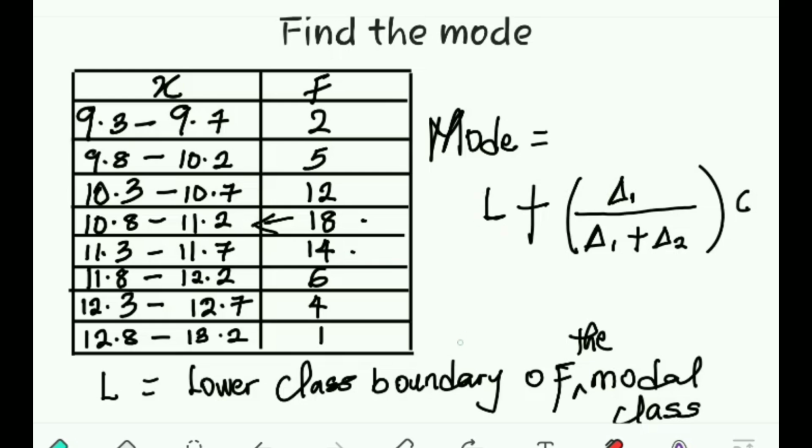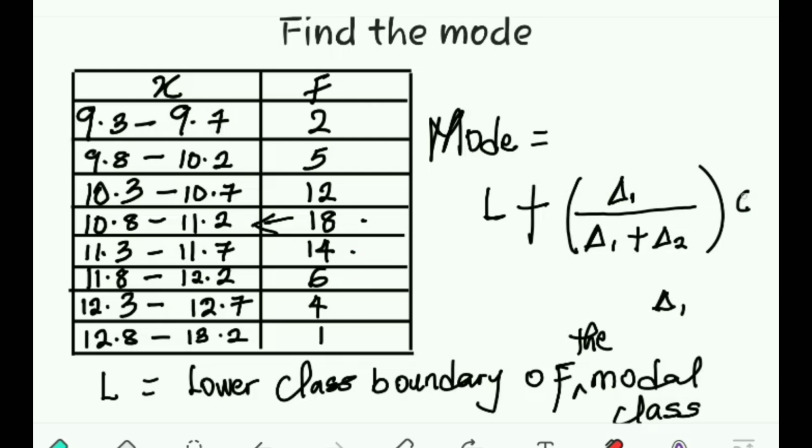L means the lower class boundary of the modal class. Change in 1 means the difference in frequency between the modal class and the class before, while change in 2 represents the difference in frequency between the modal class and the frequency of the next class.